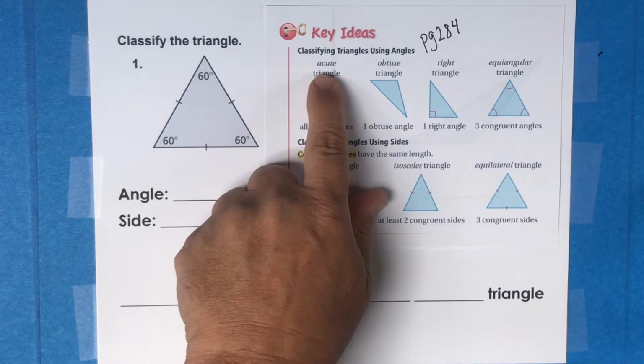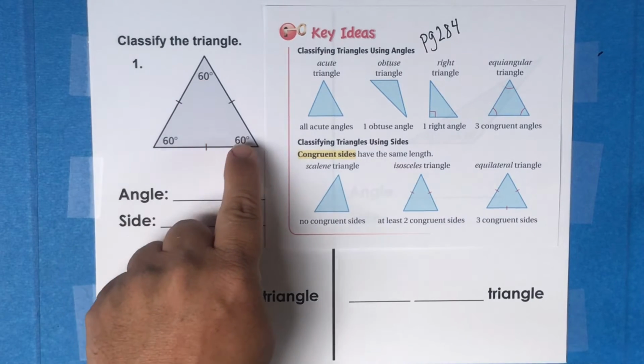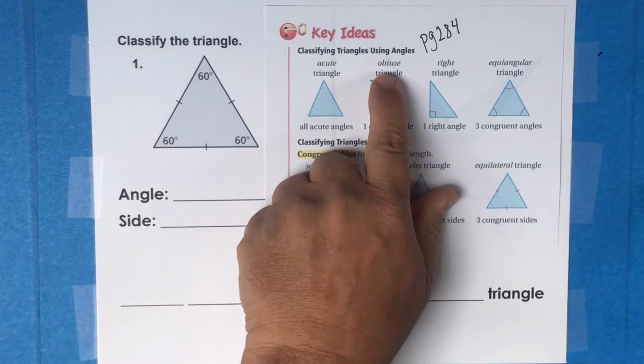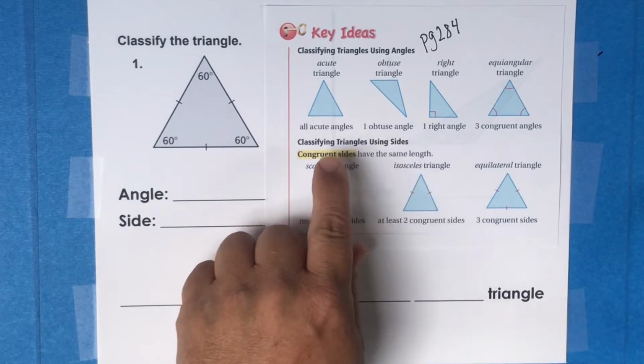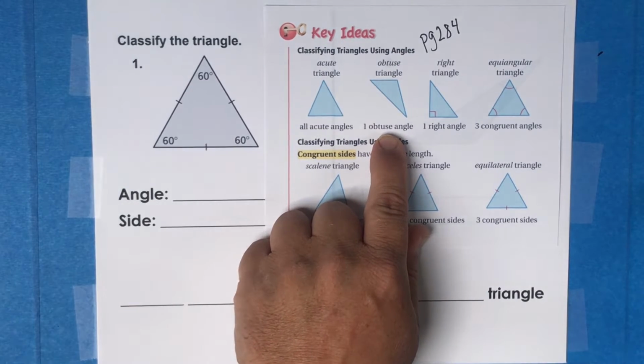So as I go through, I do think it could be classified as an acute triangle because each angle is less than 90 degrees. It cannot be classified as an obtuse triangle because no angles measure more than 90 degrees and less than 180 degrees.